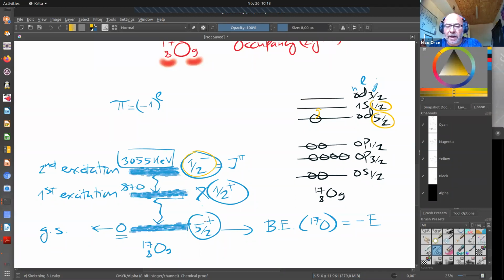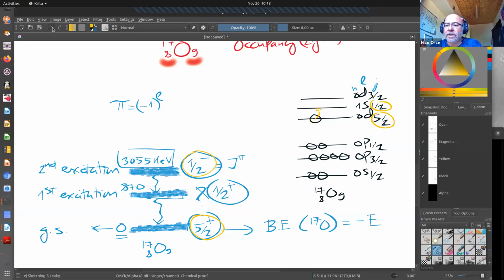So that's how we explain these fellows here. 5/2 plus was the ground state as the particle was right there. And then it moved up there by jumping to the next floor, right? It needed some excitation energy to go up there. So now we want to explain this. Why do we have a 1/2 minus as the next excitation?